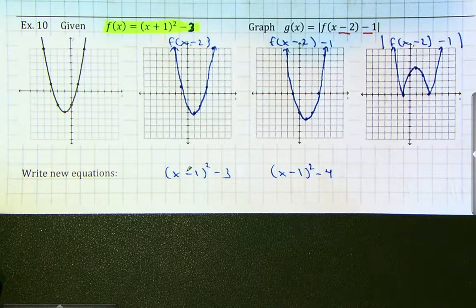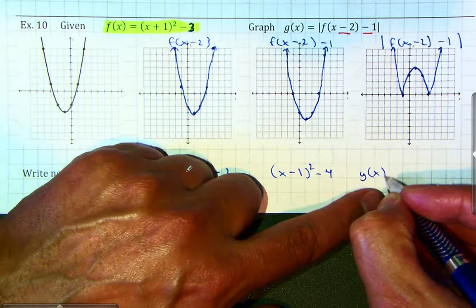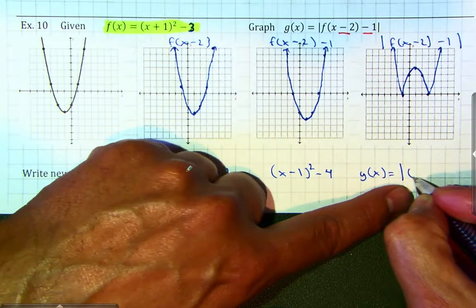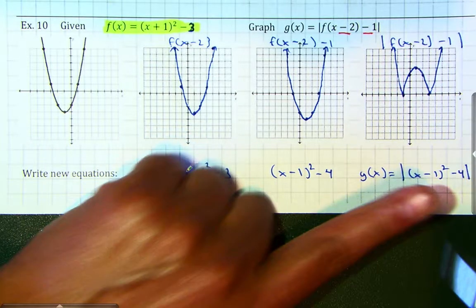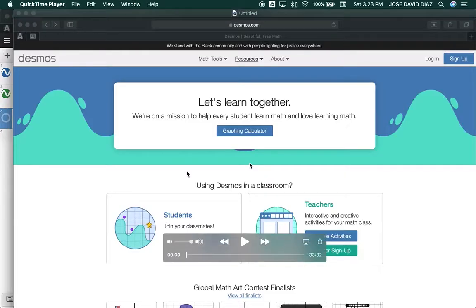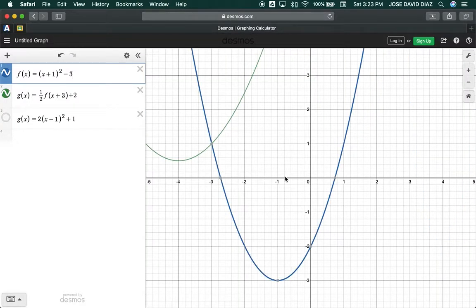But to write down the equation, we're going to say g of x. And we're just going to take the absolute value of x minus 1 squared minus 4. We can simplify. And we can actually confirm on desmos. Let's type it in. It matches.